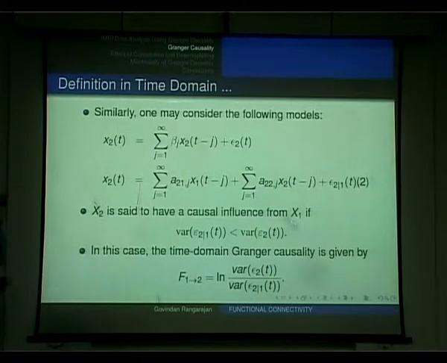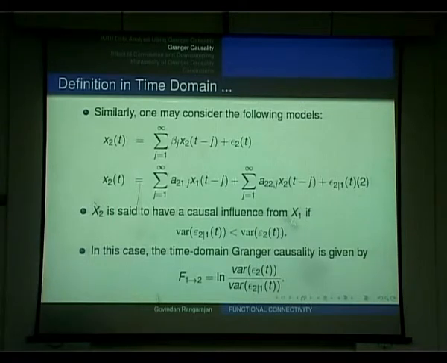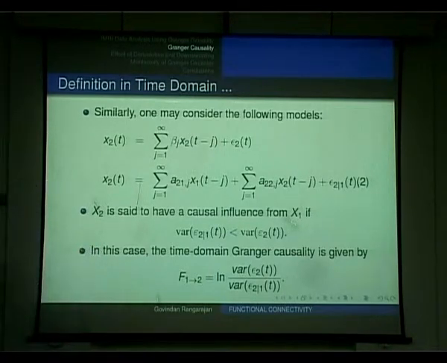The advantage of this over traditional correlation analysis is that causal analysis takes into account the internal correlation structure of the process. You are not only trying to see the effect of x2 on x1, but you are also incorporating the internal correlation structure of x2, because you first model it using x2 and then put in x1.